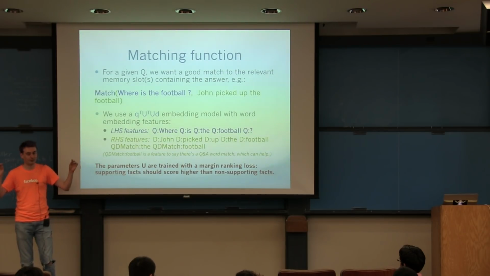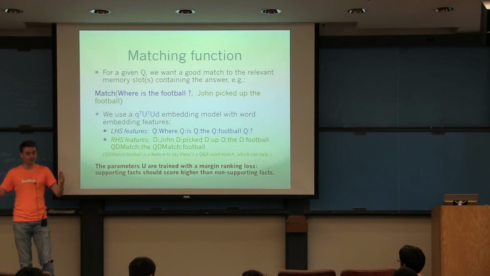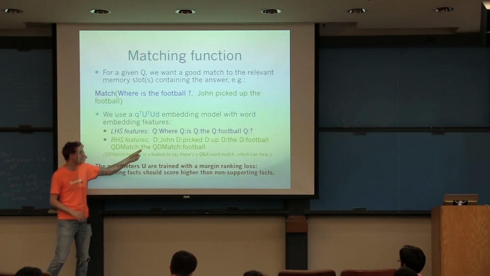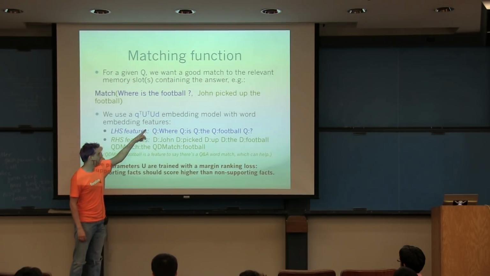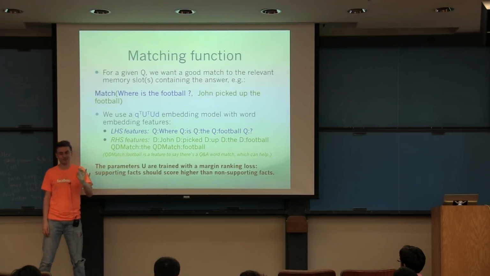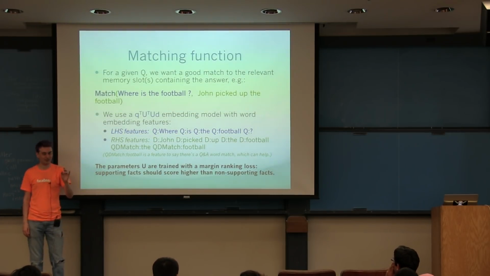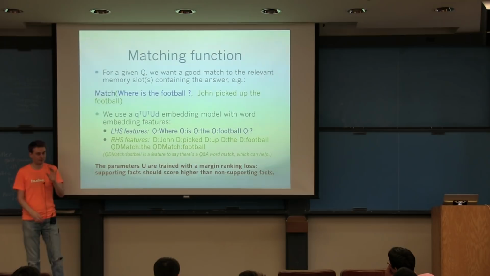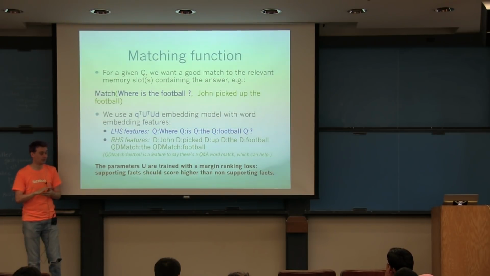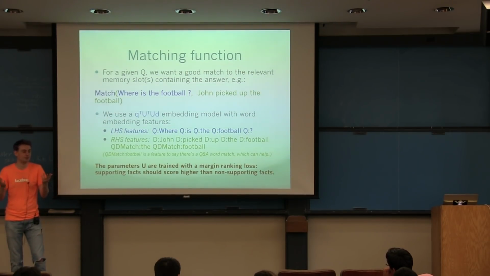Actually, in our case, the size of the dictionary times 3, because we're going to take all the possible words in the dictionary and prefix them with one of these 3 prefixes: Q colon, D colon, or Q2 colon. The reason is that we want to represent the question, the first supporting fact, and the second supporting fact differently, so that they have different word embeddings. This is so the model knows which one it is, and it works better if you do it this way.